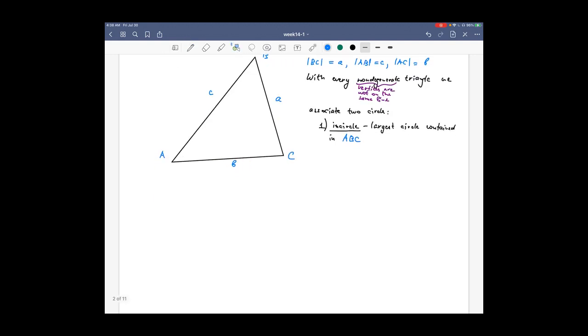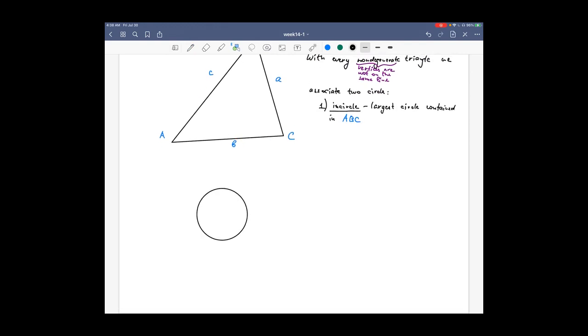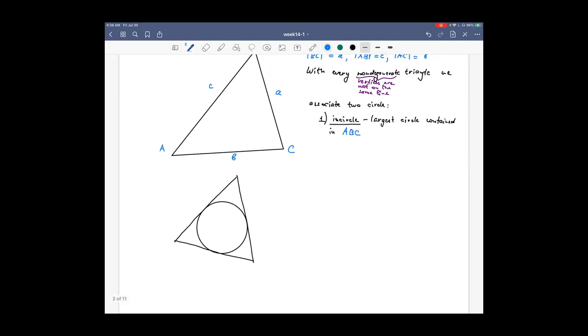Let me make a picture. You may know from your previous math classes that the center of the incircle is the intersection of the three angle bisectors.